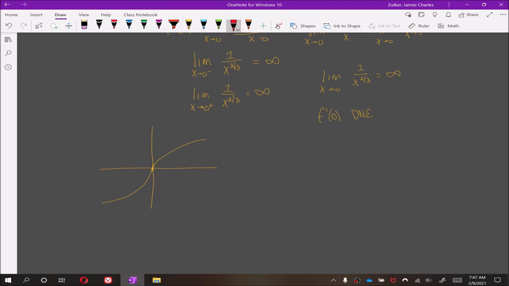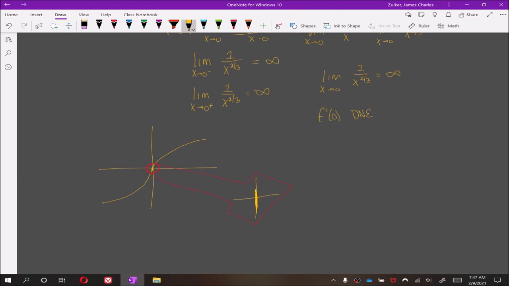And right at this point, the origin, if we are to zoom into it, what we would notice is right at that point, it is vertical.